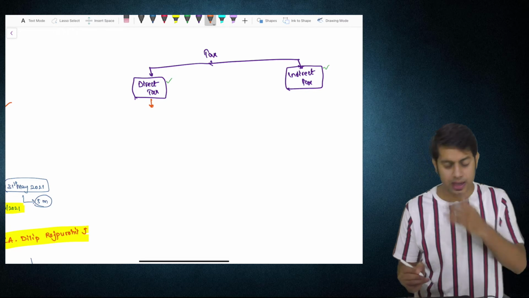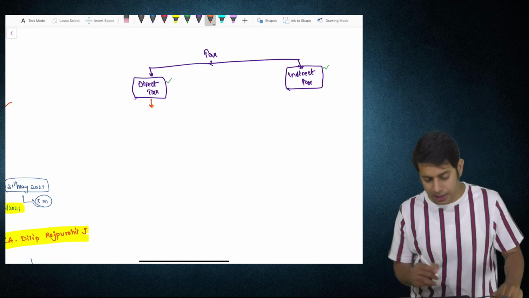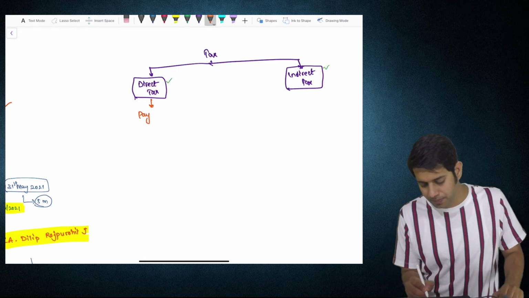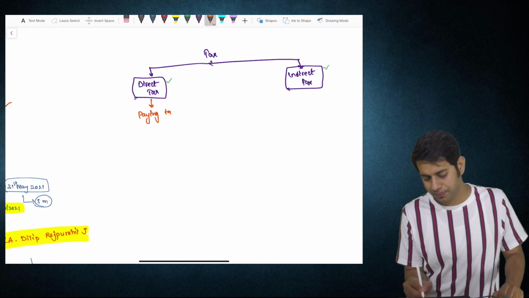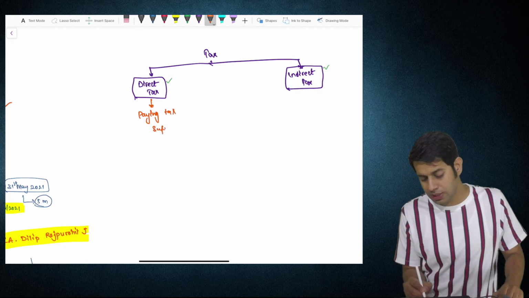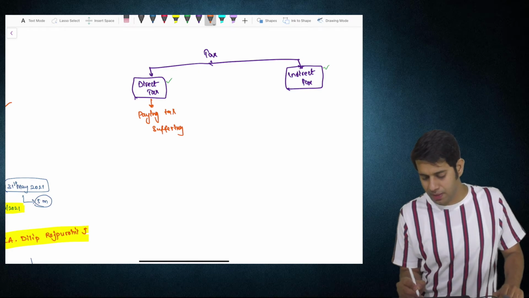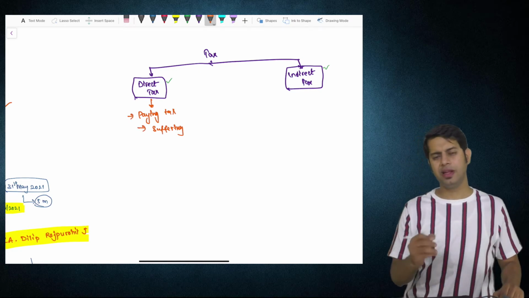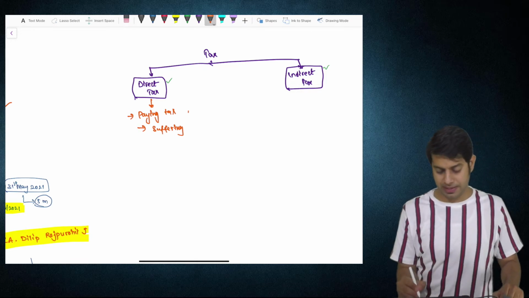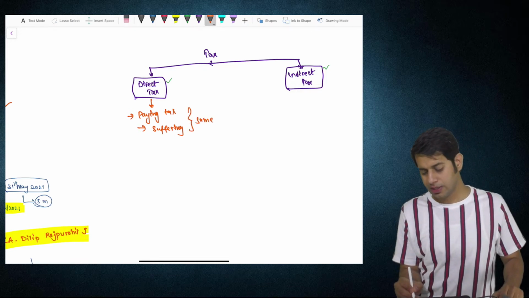Meaning, in case of direct tax, the person who is paying the tax and the person who is suffering that payment is the same person.